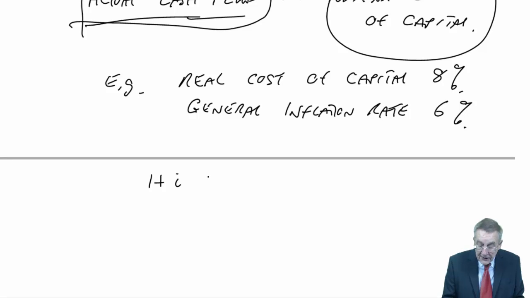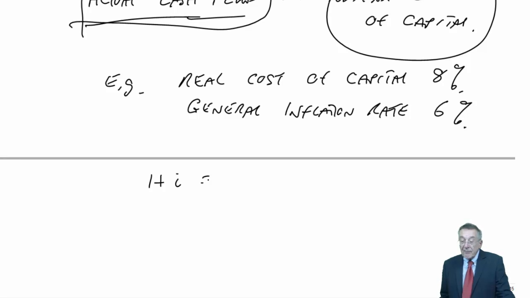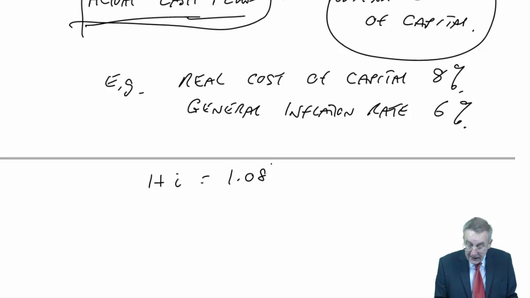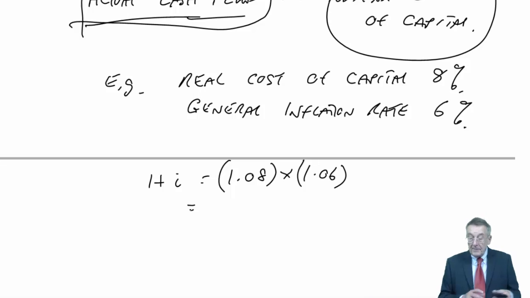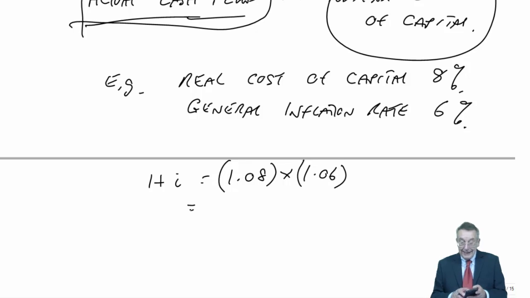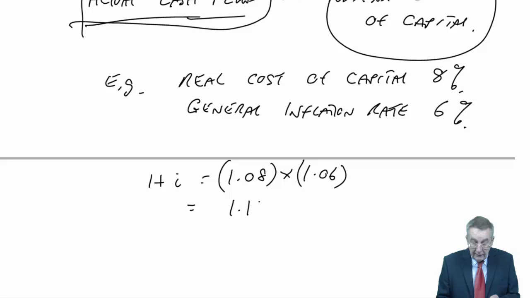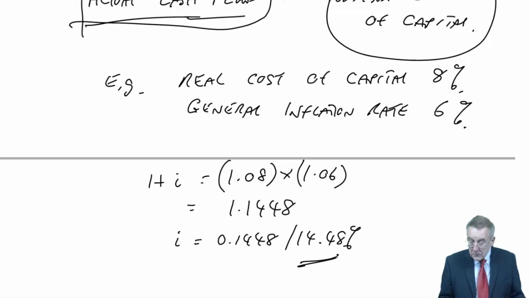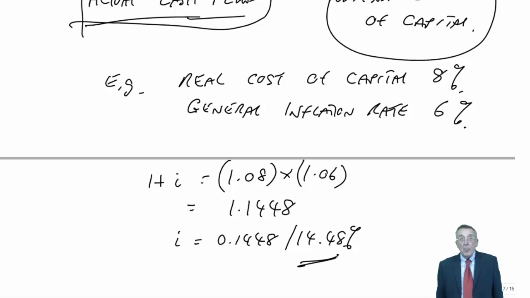Because we know that 1 plus the actual cost of capital is equal to 1 plus the real cost of capital, 8%, times 1 plus the inflation rate, 6%, which is 1.1448. That would be the actual cost of capital.